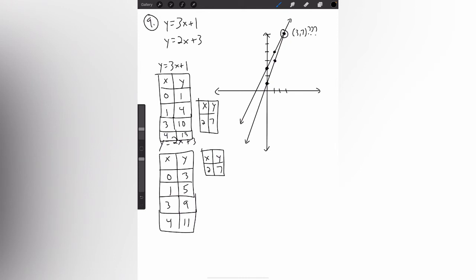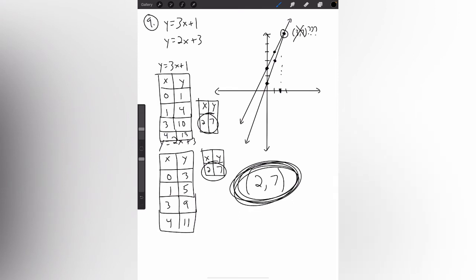So somehow, like I said, that's why I'm not the best drawer. Somehow that's not 3, 7. Somehow that has to line up, and that's 2, 7. So that was wrong. It wasn't 3, 7. By having the same values there, I've found that it's 2, 7. So 2, 7 is my answer, because 2, 7 solves both, and it solves the system of equations.